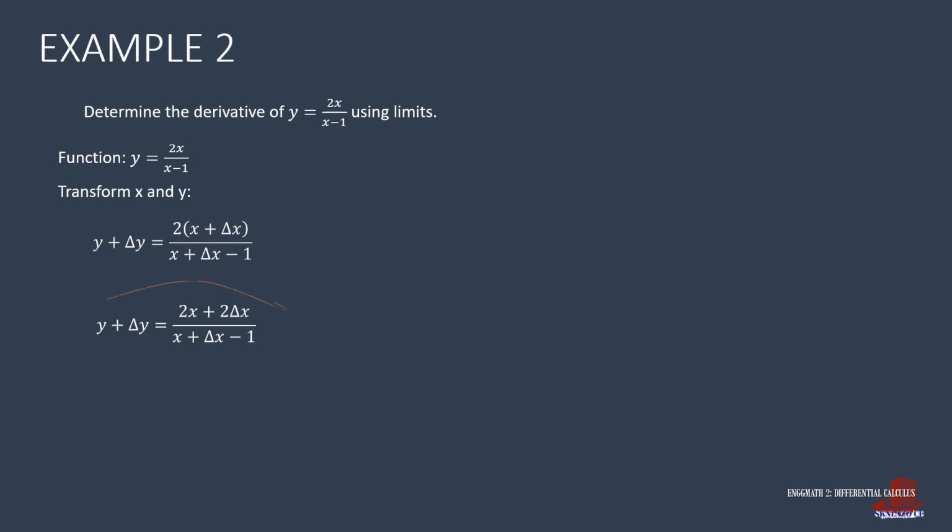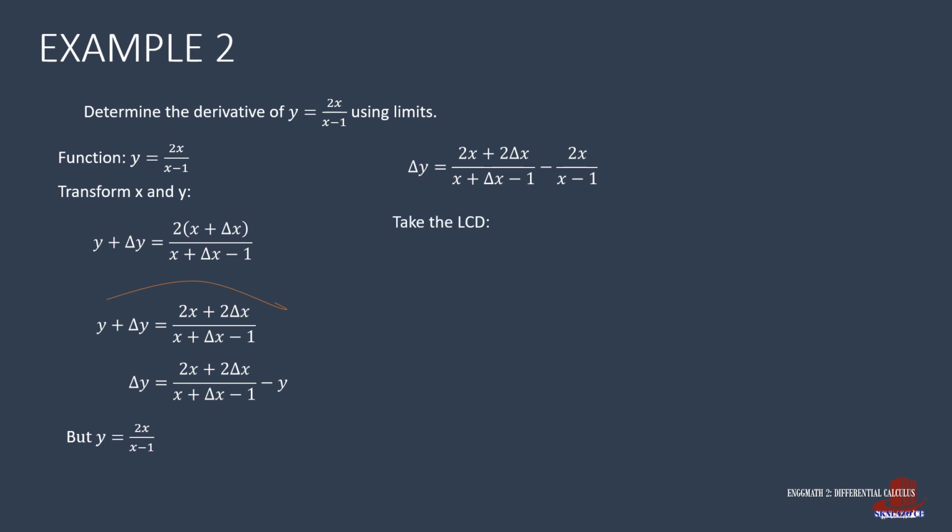We can now transpose y to the other side, whereby y is equal to 2x over x minus 1. Delta y now becomes 2x plus 2 delta x over x plus delta x minus 1 minus 2x over x minus 1. Combine the two terms to have a single fraction by taking the least common denominator.